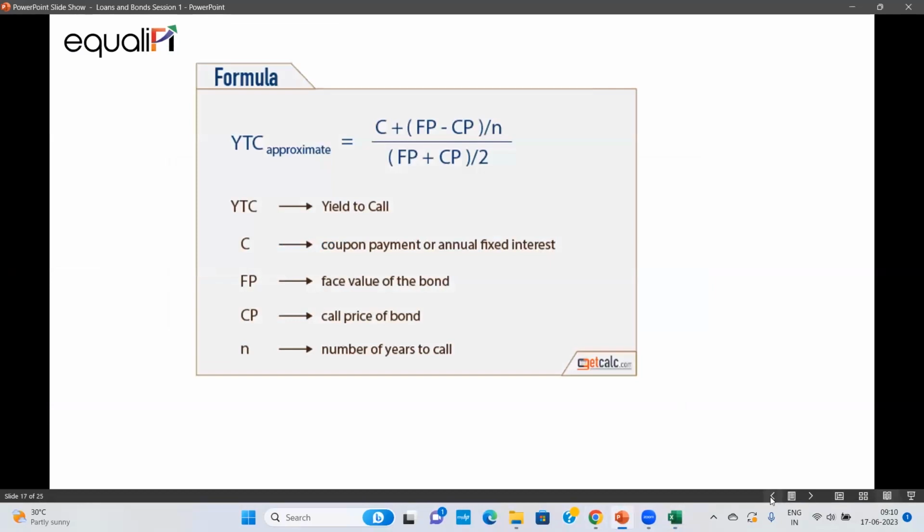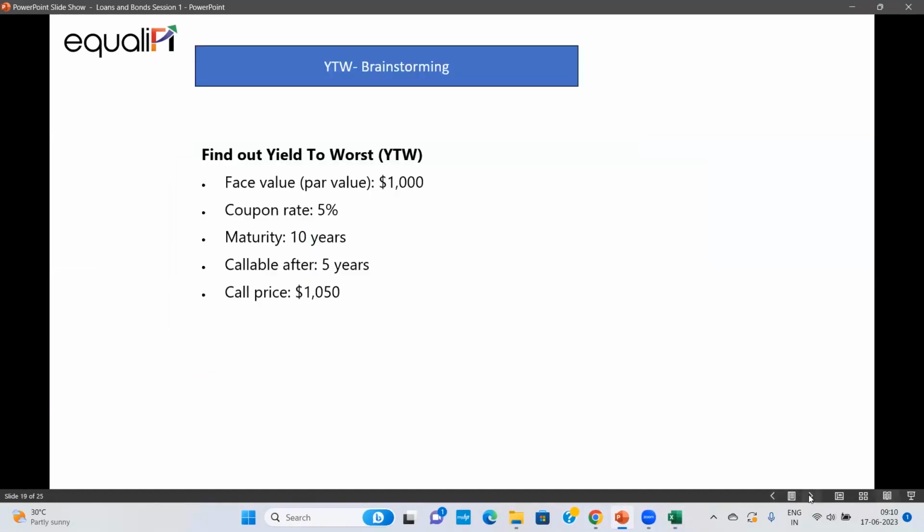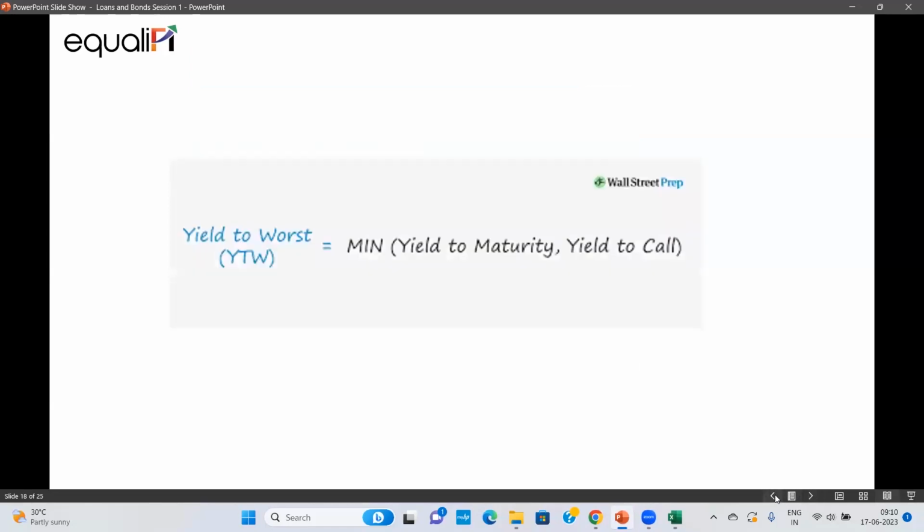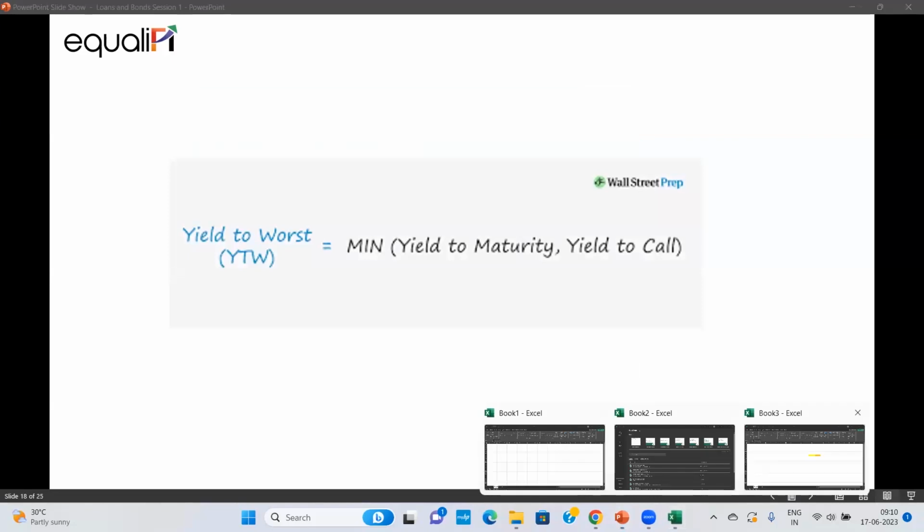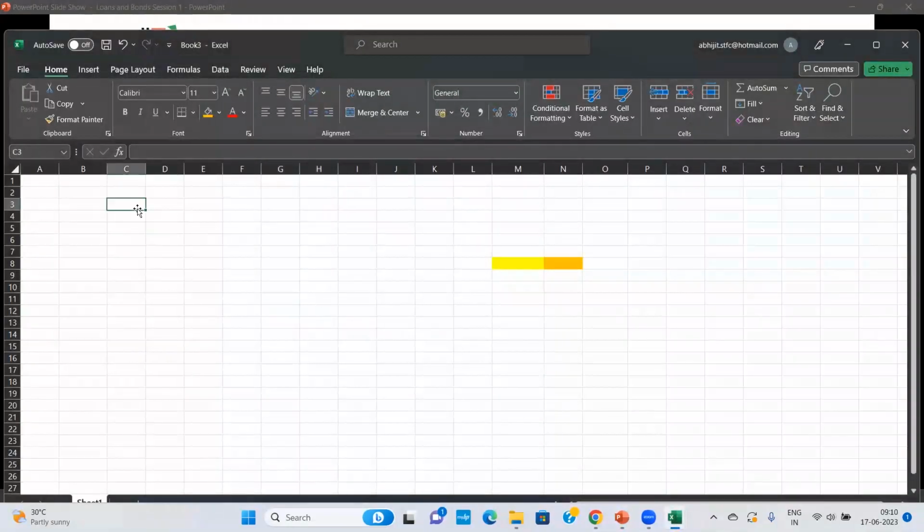So the coupon payment is the fixed annual interest. In this case, it is 5%, that is 5% on 1000 is 50 rupees. So C is 50, right?